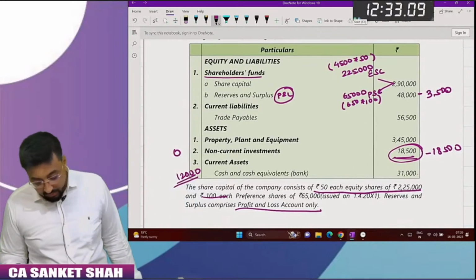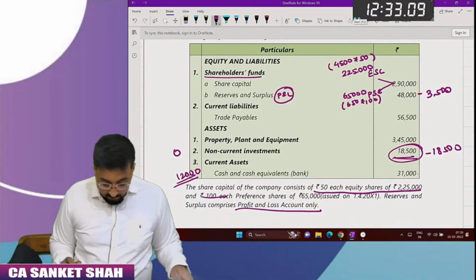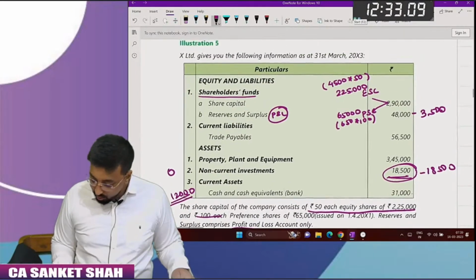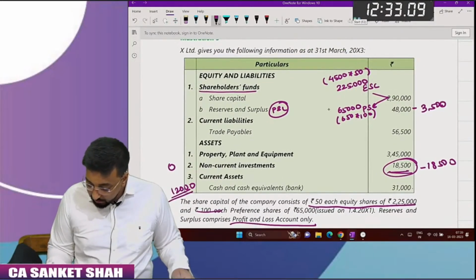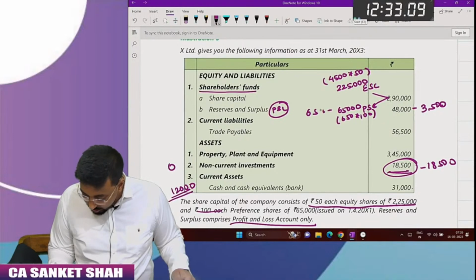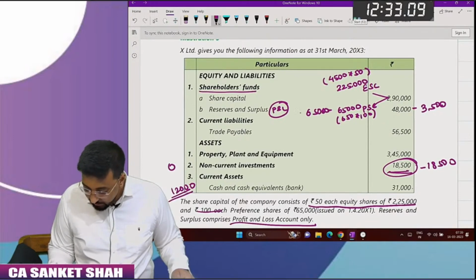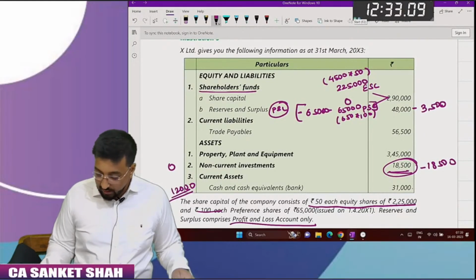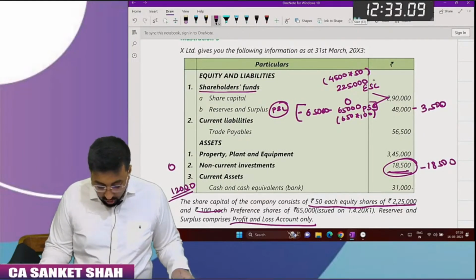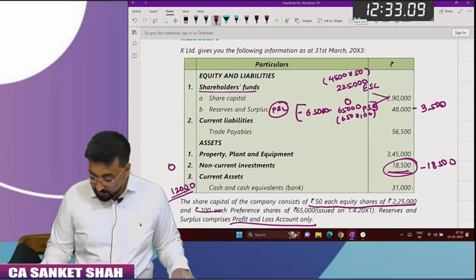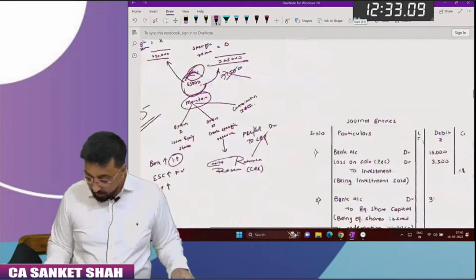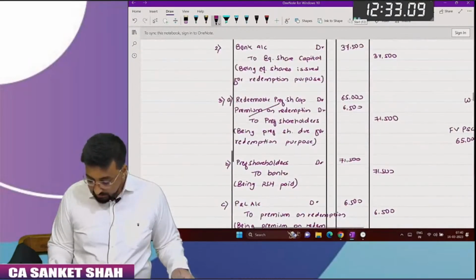देन बेटा सेकंड वन, प्रेफरेंस शेयर कैपिटल. सो वी रिड्यूस प्रेफरेंस शेयर कैपिटल बाय 65,000. सो नाउ दिस बैलेंस इज जीरो. Yes, second entry is premium. So beta premium on redemption is cancelling. Beta it's a temporary account. Preference holder is also temporary account.